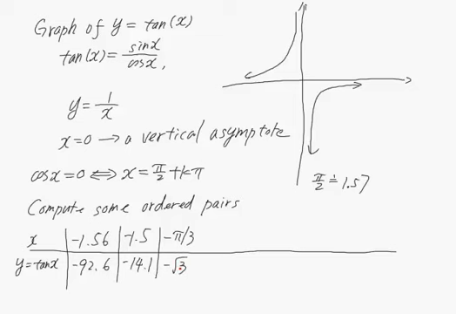Root 3. Tangent of pi over 3 is equal to root 3, and tangent of negative pi over 3 is equal to negative root 3. This is approximately negative 1.73. And then we may compute negative pi over 6. This is equal to negative root 3 over 3, approximately negative 0.58.